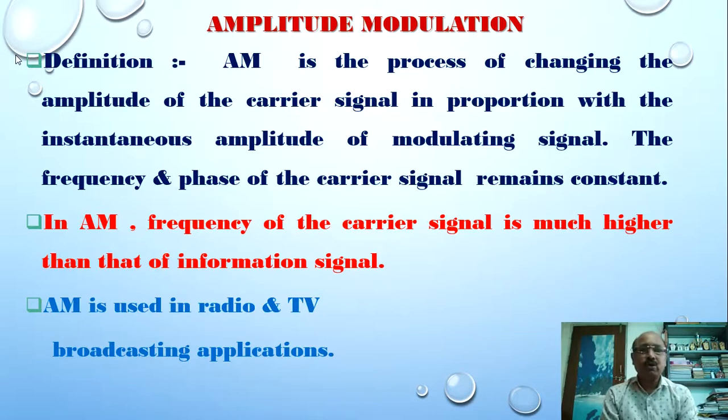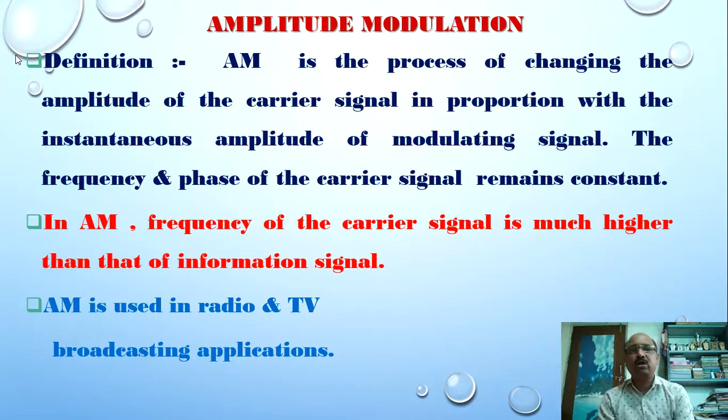We place the information contents of the baseband or low frequency signal on the carrier signal. We can change three quantities of the sinusoidal wave: the amplitude, the frequency, or the phase. So you get three types of modulation.